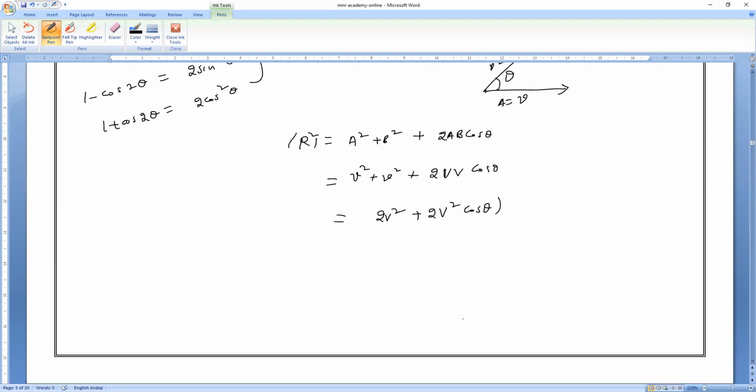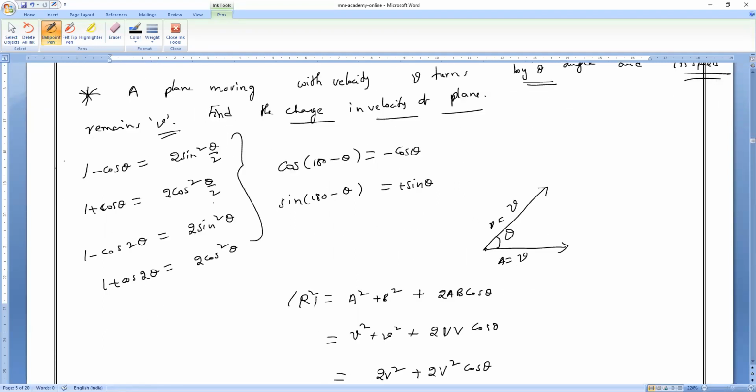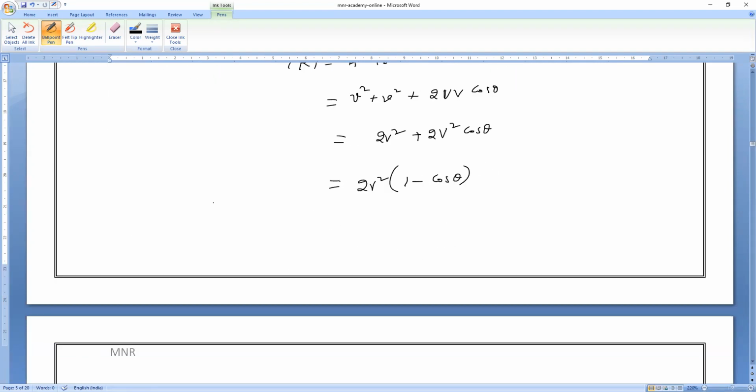In this, something is constant, 2v square. If I take 2v square outside, what remains is 1 minus cos theta. I taught you that 1 minus cos theta is equal to 2 sin square theta by 2. So r square is equal to 2v square into 1 plus cos theta, sorry, 1 plus cos theta.